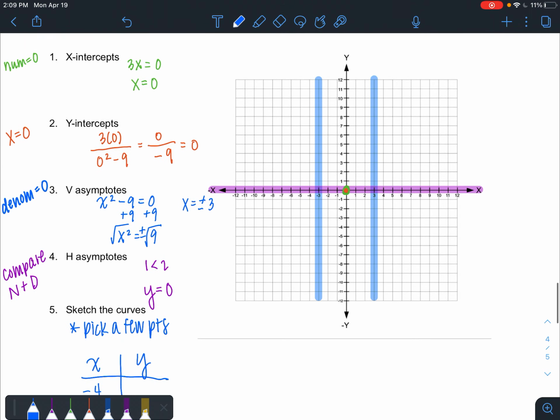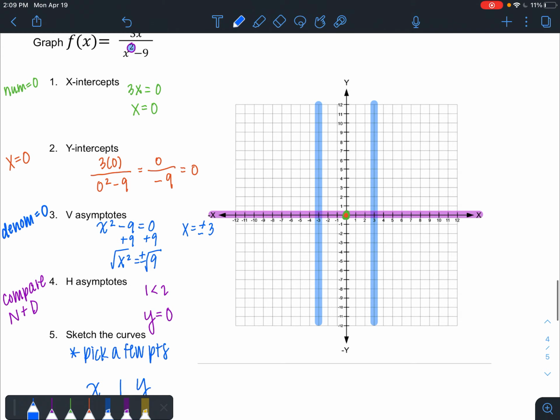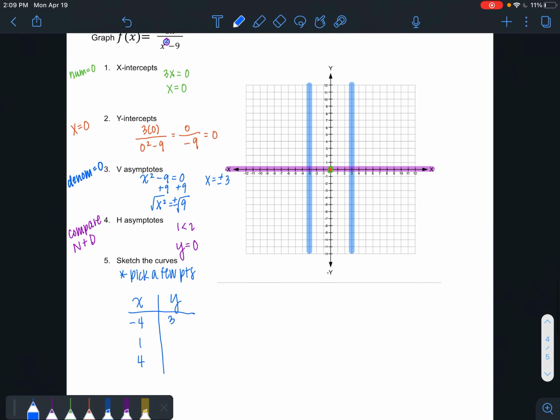So we find our y values by plugging those into our equation. So I have 3 times 4 divided by 4 squared minus 9. And you can plug that right into your calculator. You just have to remember all those parentheses.